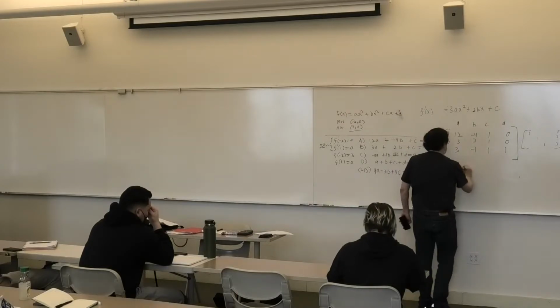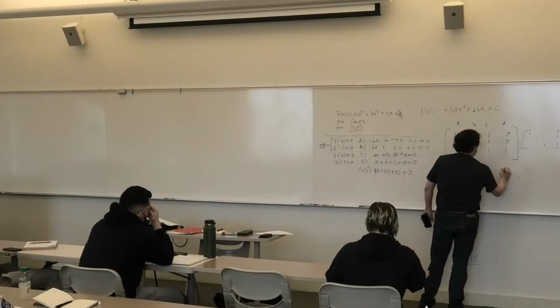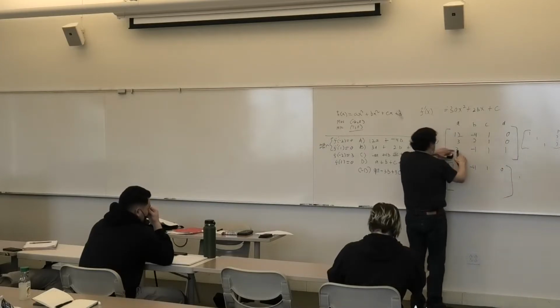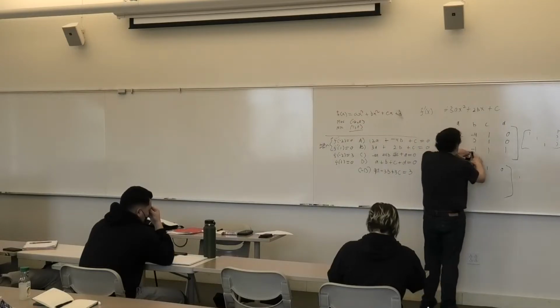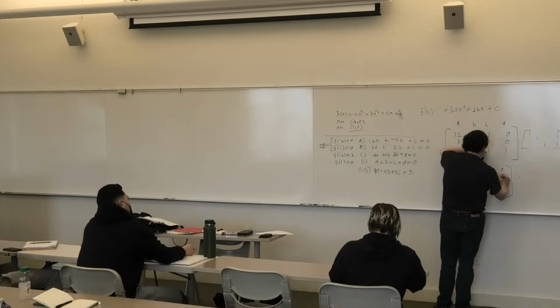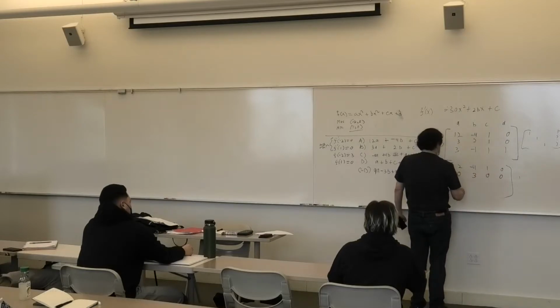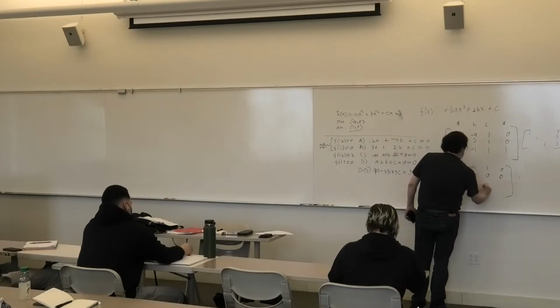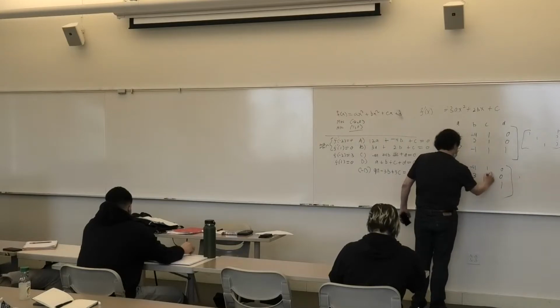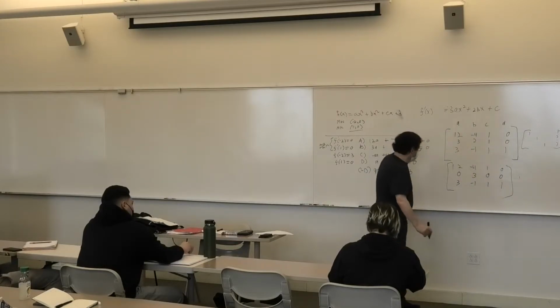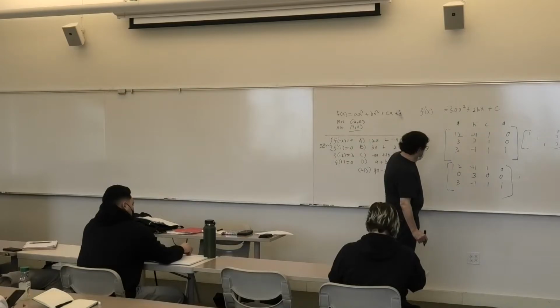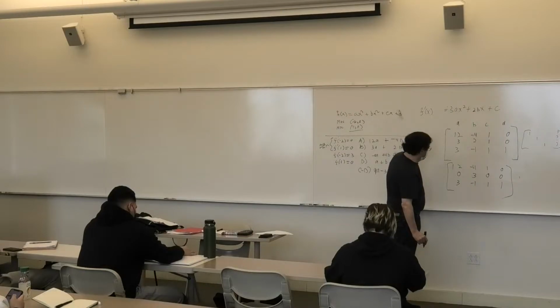So 12 minus 4, 1, 0. So minus 1, and I get 0. Minus 1, okay, that's 3. Minus 1, I get 0, 0. And I still have 3, minus 1, 1, 1. Okay. Now, I'm going to do this.